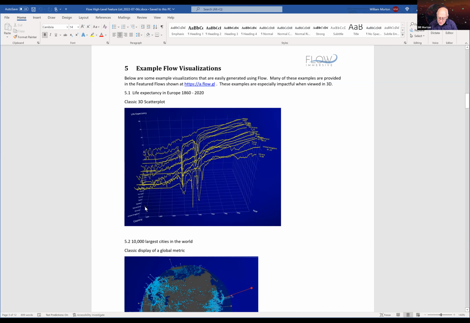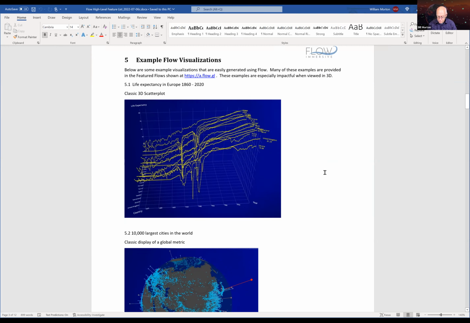On the z-axis, the depth axis, we've got countries. And on the y-axis, we have our metric, which in this case happens to be life expectancy. Very classic 3D scatter plot that you'll find in all sorts of different flows. Probably our single most popular visualization, actually.